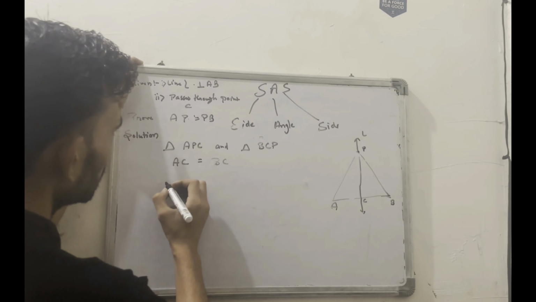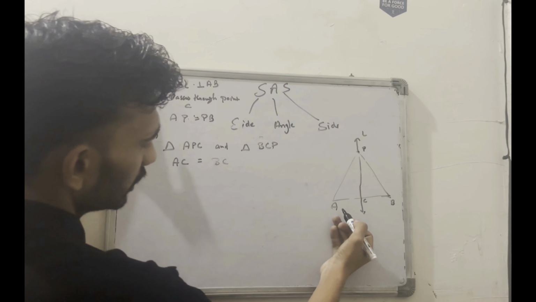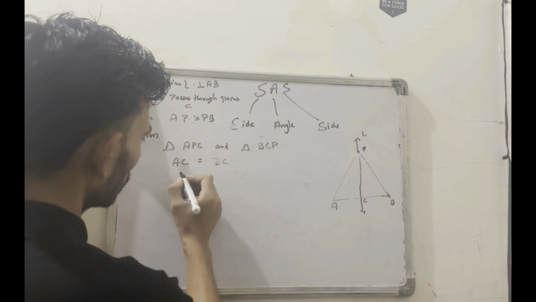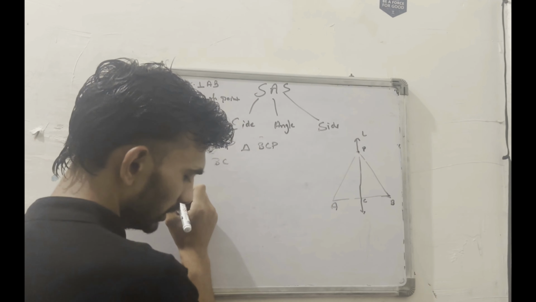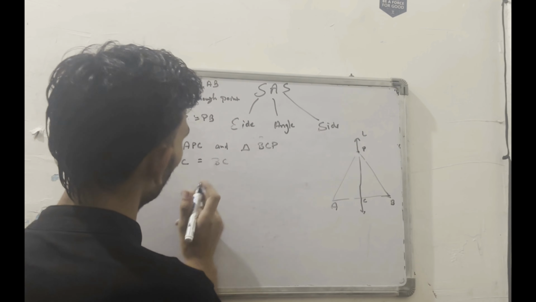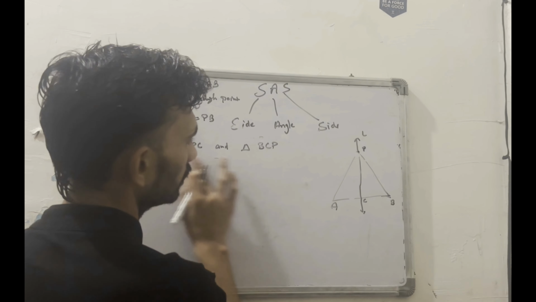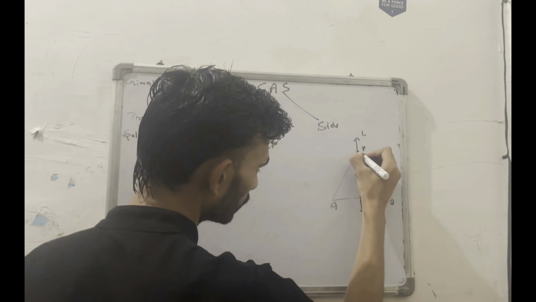That one is given because line L is perpendicular to AB. Now move forward. PC, that one is a common line.